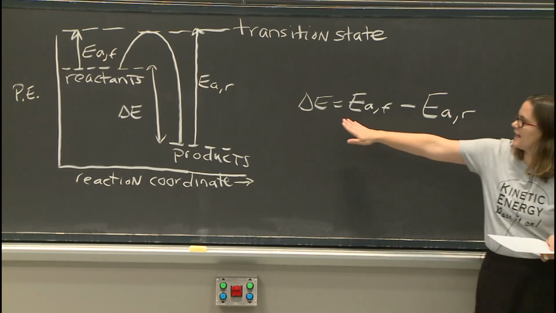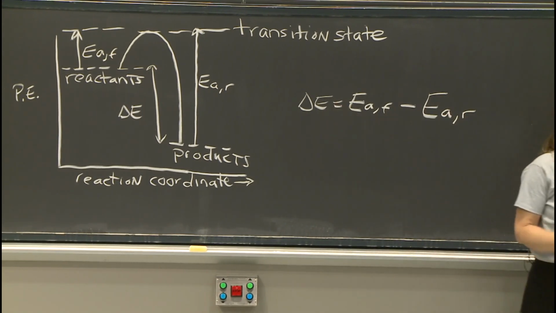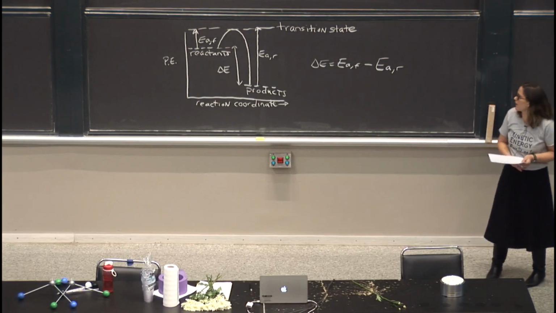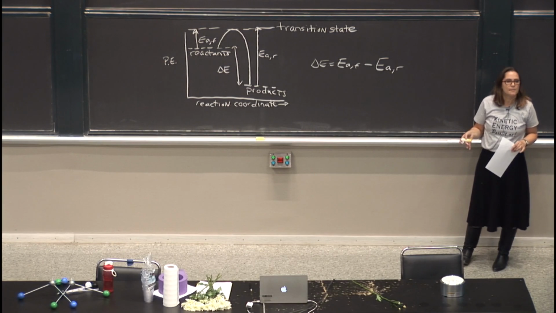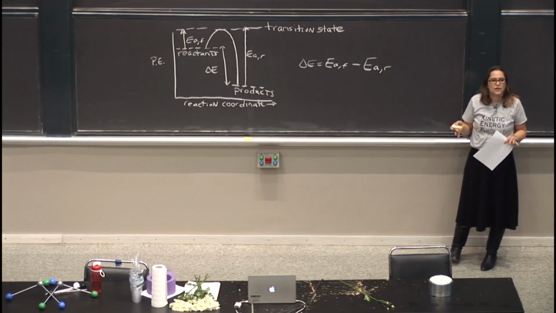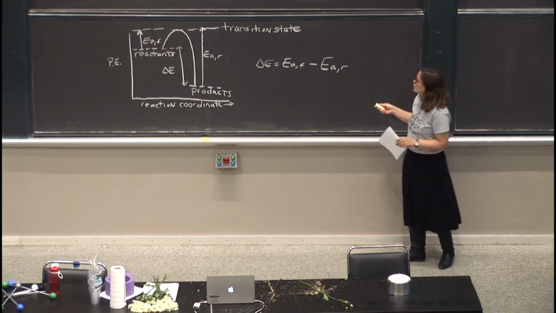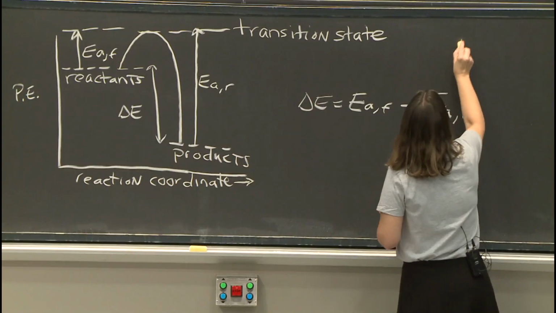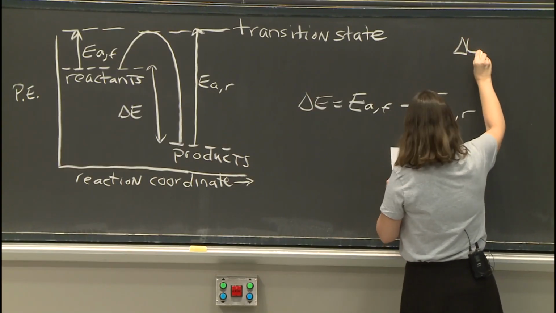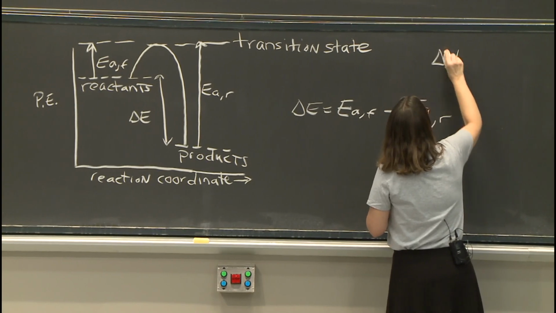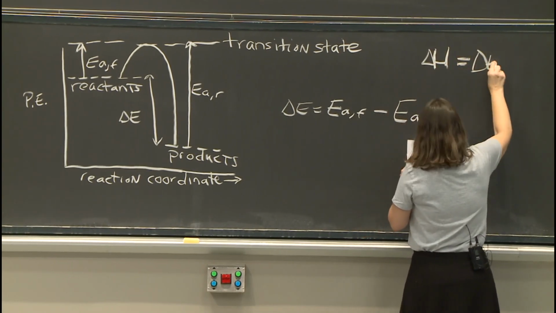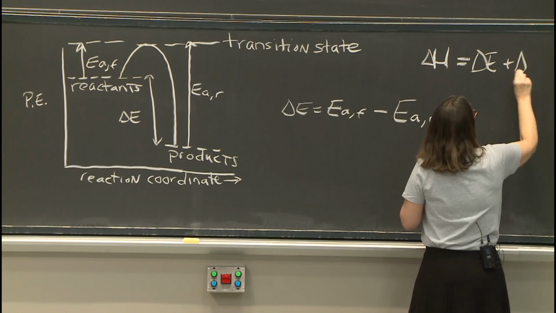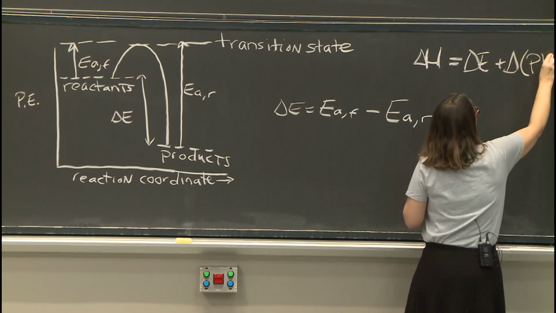And this delta E over here can be measured from a calorimetry experiment. You might recall back when we were talking about thermodynamics that E is closely related to delta H. We had this equation at one point that delta H is equal to delta E plus the change in PV.